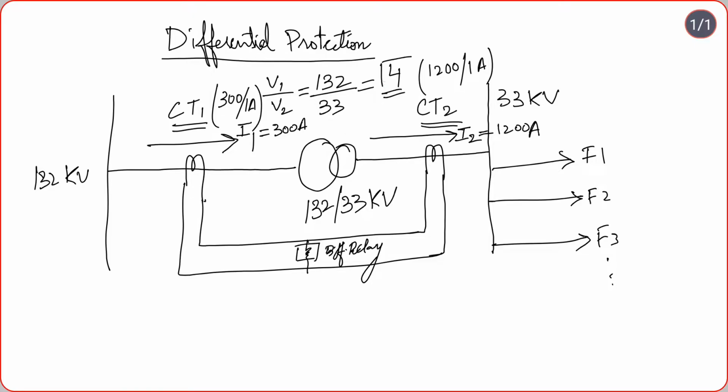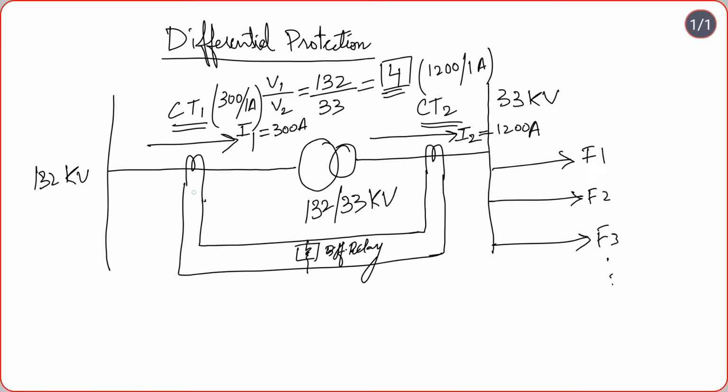This is the turn ratio, so current is stepped up by the same factor. So when 300 amperes is flowing on the 132 kV side, 1200 will be flowing on the 33 kV side.